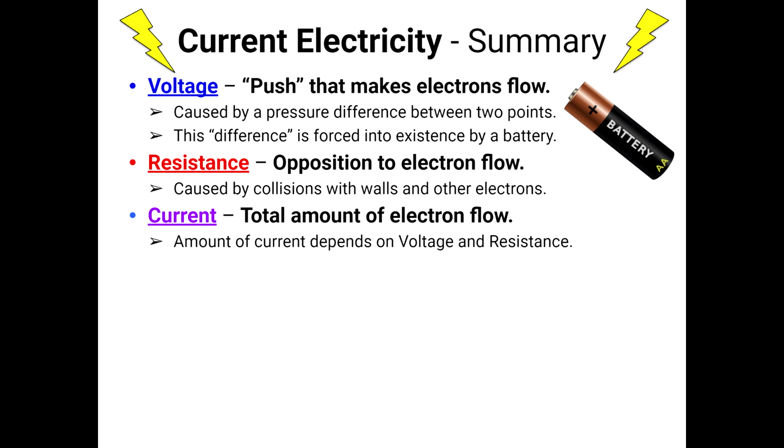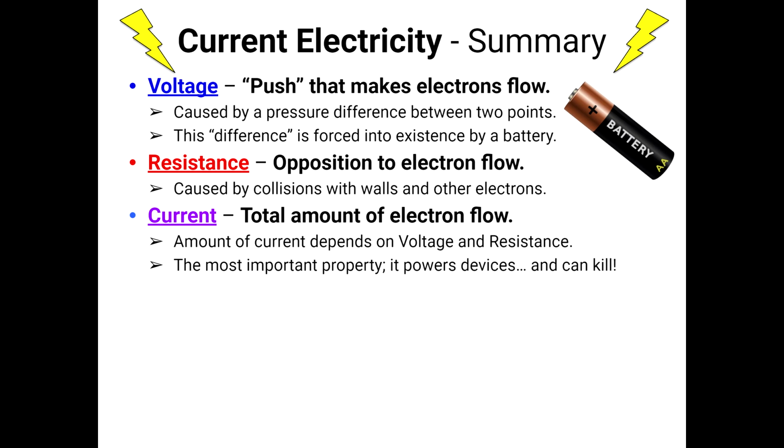So as voltage and resistance duke it out and fight each other, as they combine, we figure out how much current there's going to be. There's going to be an equation that relates all three of these terms. We'll talk about that in a second. It's important to recognize that electrical current is the most important property of them all. That's because the amount of current you have determines how much power your device is going to use, and, as they say, current kills.